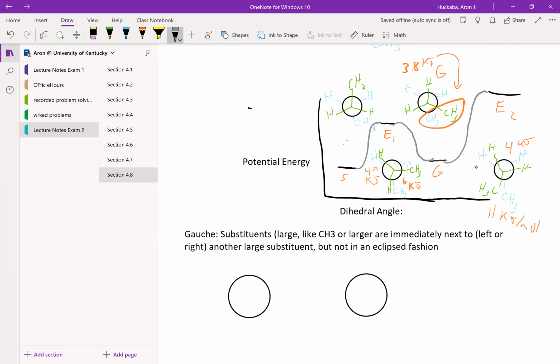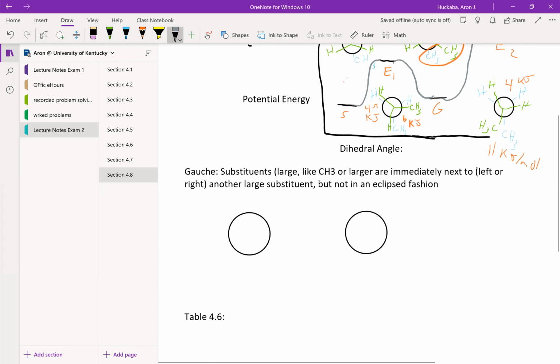Now, if you remember, by continuing to rotate this 60 degrees, we can find the next gauche state, because there are 2 degenerate gauche states, right? So here are the back substituents for each of the degenerate gauche states. But the front substituents look a little different, right?